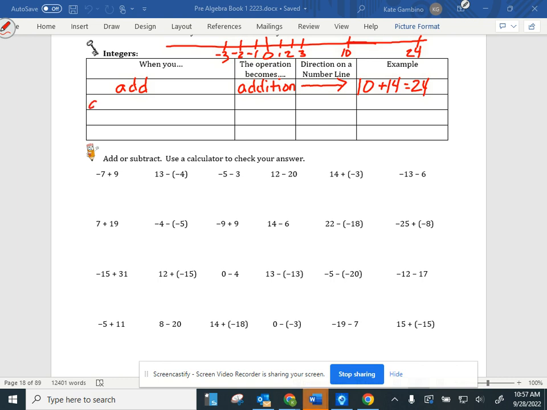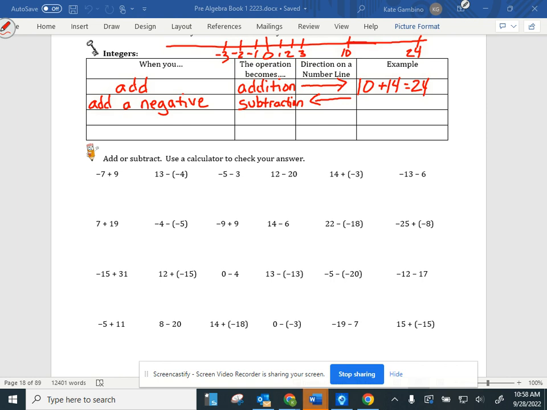When we add a negative, our operation actually becomes subtraction. And we're going to go to the left on our number line.